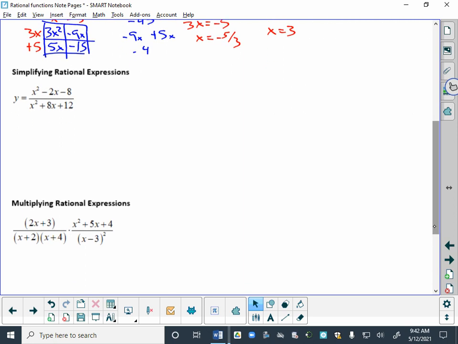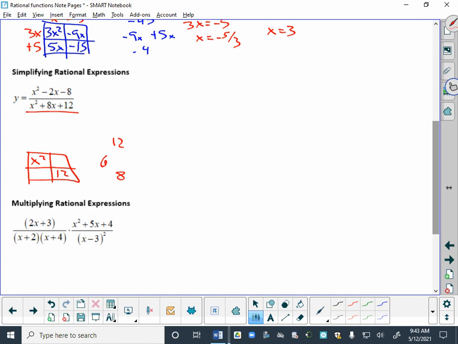Okay, so simplifying rational expressions. Finding that domain is always an important part, so we're going to be looking at factoring a lot. If it's like this, sometimes it will already be factored for us, but let's go ahead and factor x squared plus 8x plus 12. We know we want 1 times 12 is 12, and we want it to add up to be an 8.